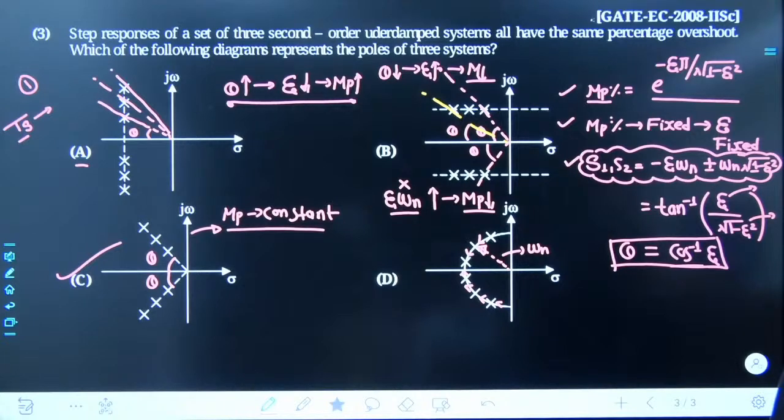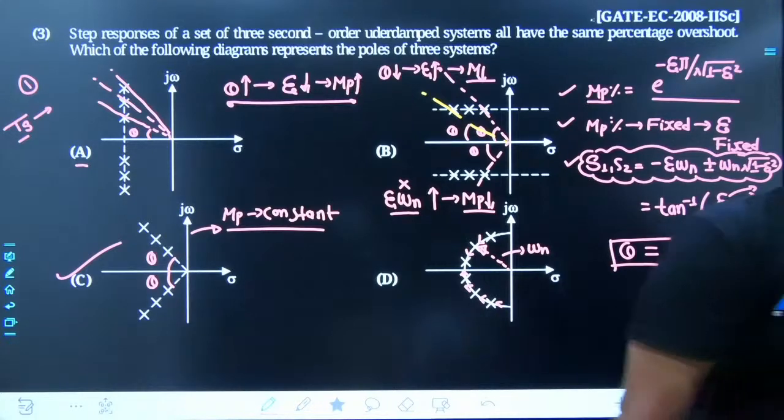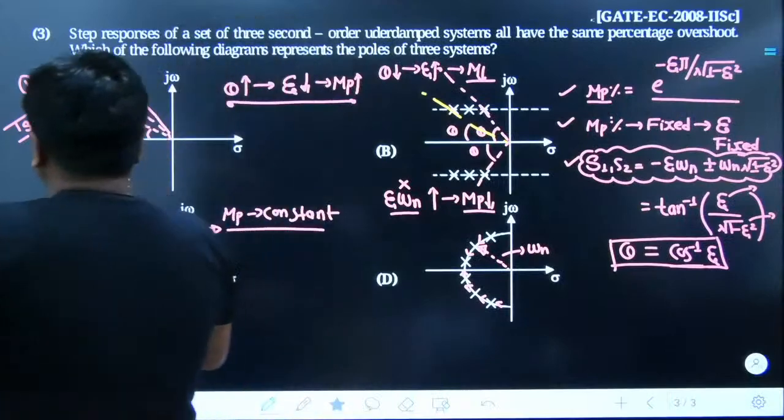Anyone else apart from DS? As per DS, the settling time would be constant. Obviously, DS perfectly said the Ts is going to be constant.